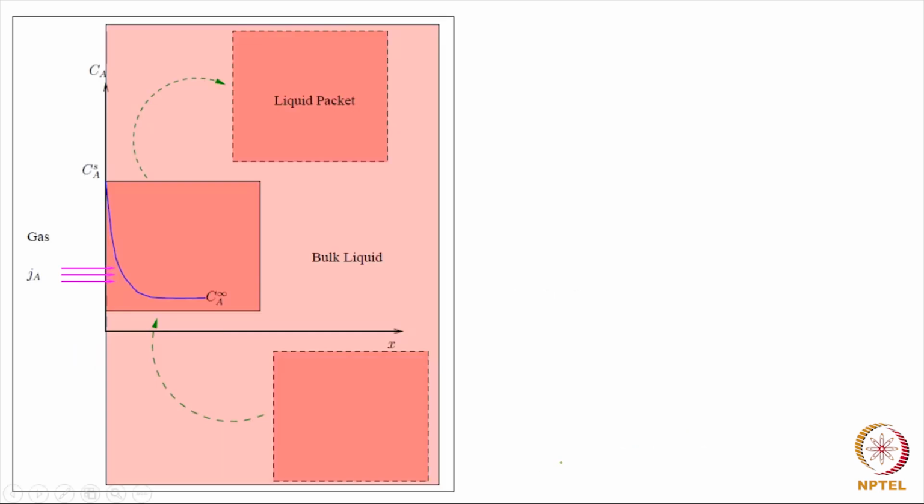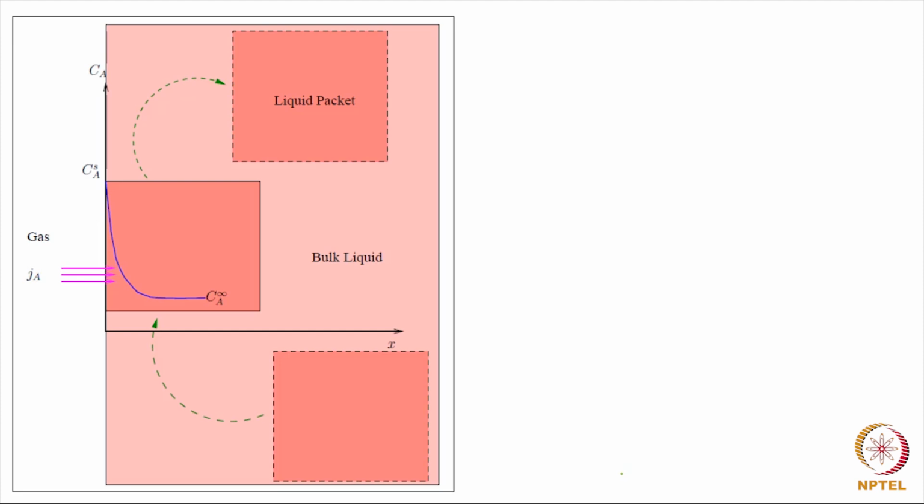Usually in metal processing, there is some agitation or bubbling or some kind of regular motion that is introduced in the liquid, and the interface between the gas and liquid is such that it is intermittent, and there is only a probability of a pocket of liquid coming in contact with the gas.